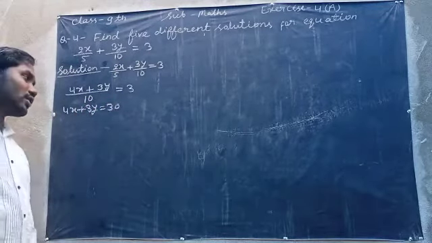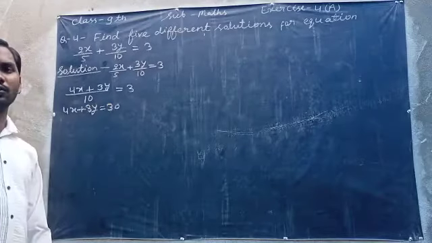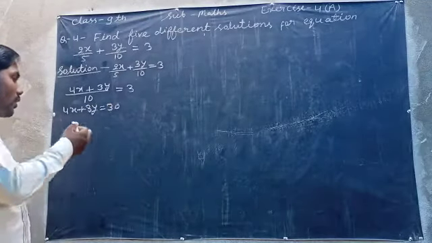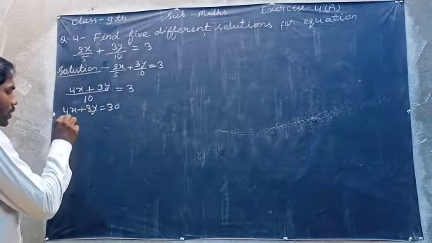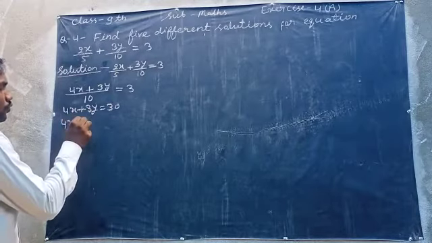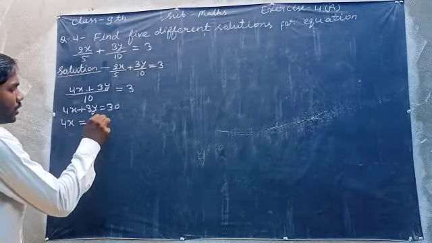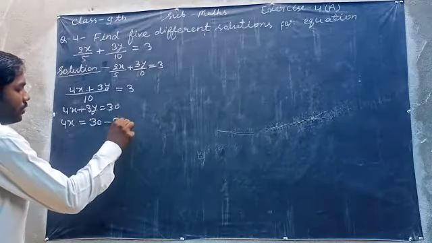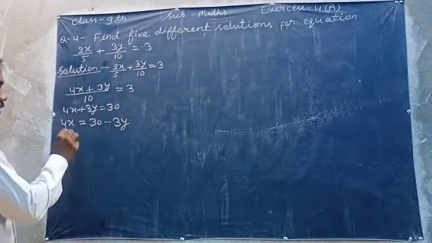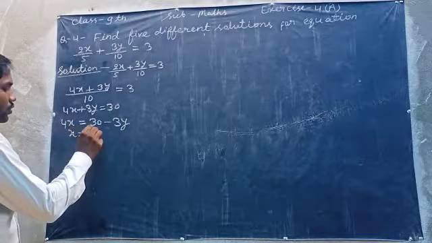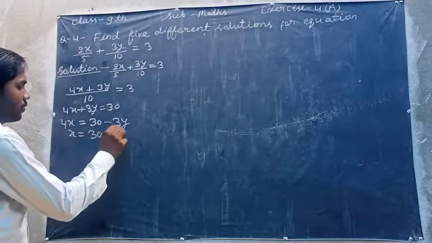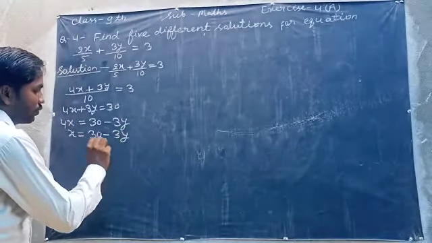So you can see this is in the normal form. From here we will rearrange it to get the value. So 4x is equal to 30 minus 3y. When we transpose 3y to this side, x is equal to (30 minus 3y) upon 4.